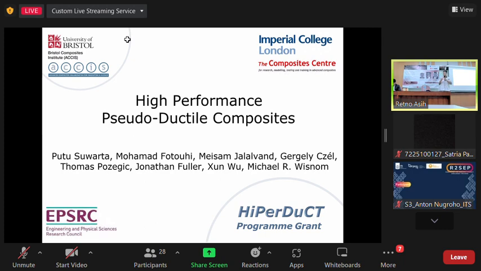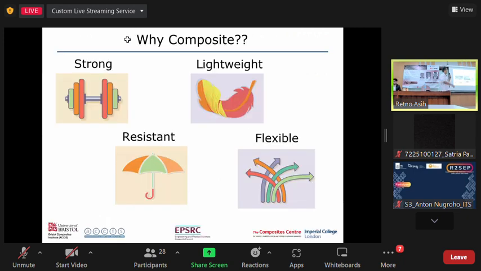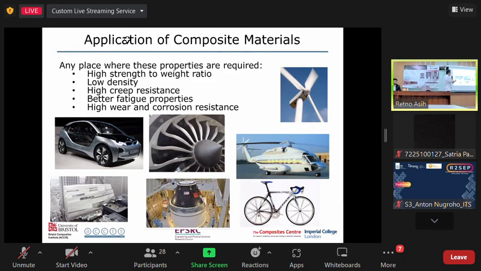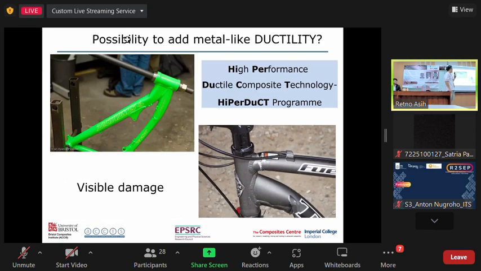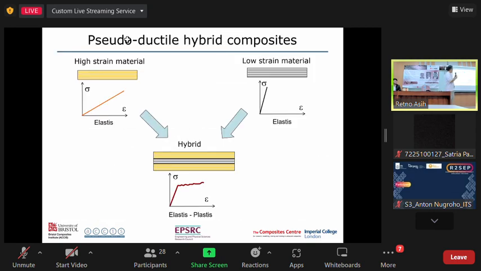Okay, so I answer or would you like to answer? Okay. One of the things that is important, for example, for the UD ply hybrid composite, or if you see the continuous hybrid composite, is the thickness ratio. So we need to have as thin as possible of this low strain material.